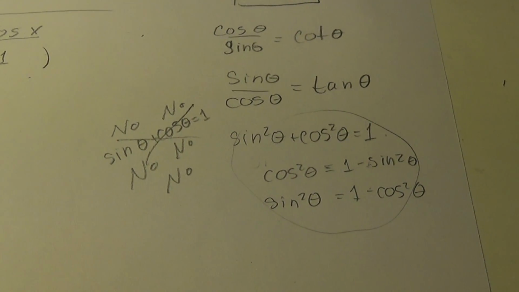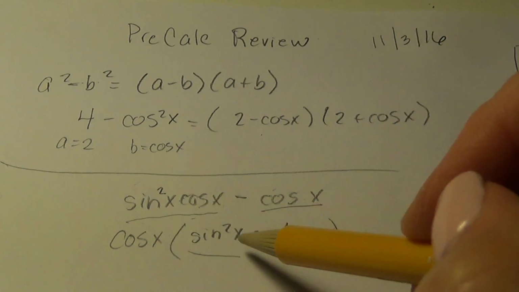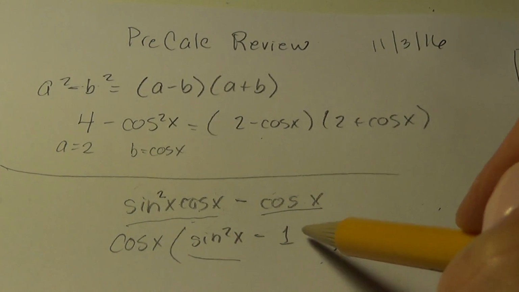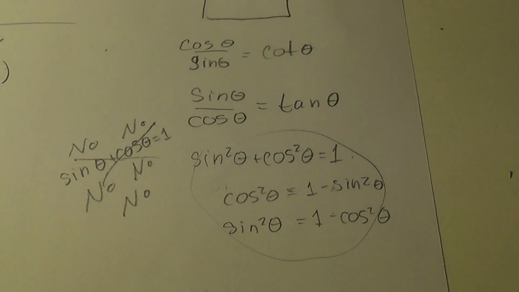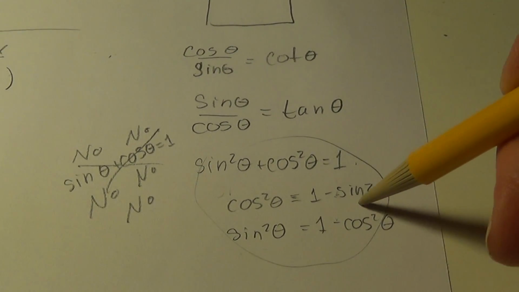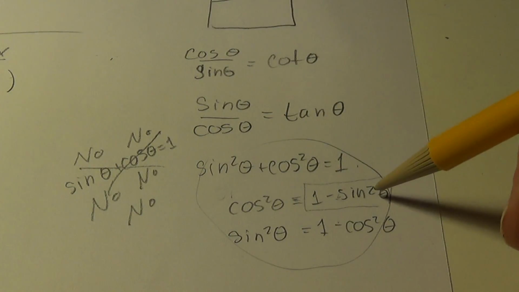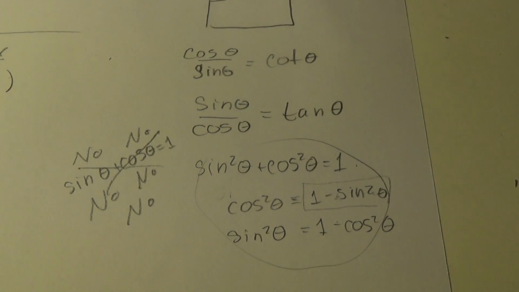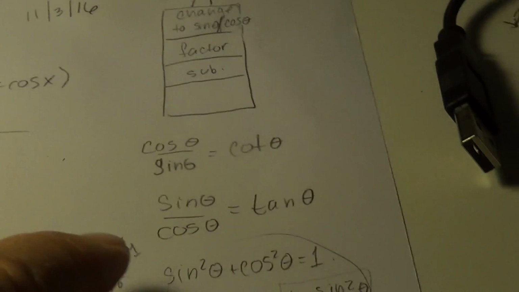So looking over here, I see cosine x times sine squared minus 1. Let's see if that's one of our trig IDs. So sine squared minus 1 is almost right here. So if you look up your sleeve, you'll see a way to make this look like this.